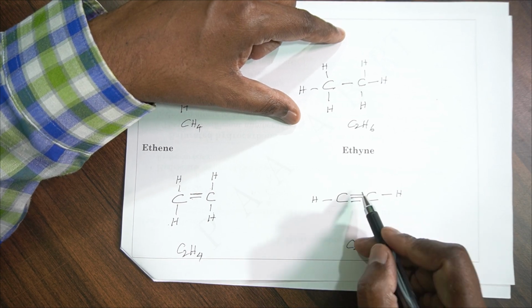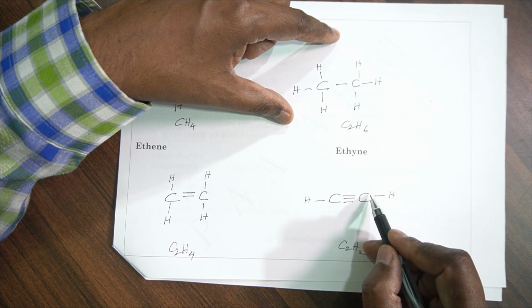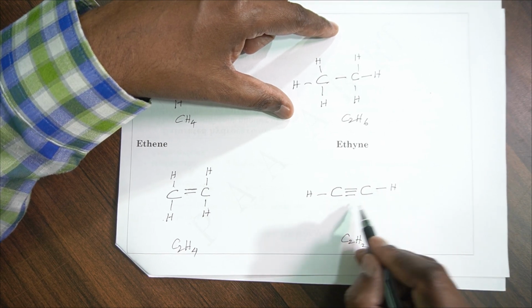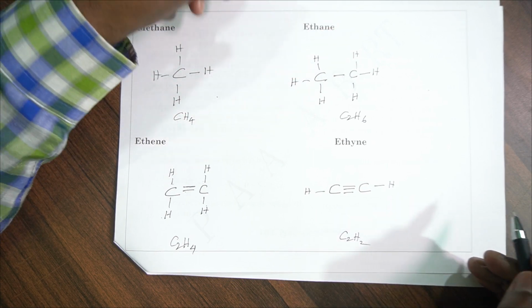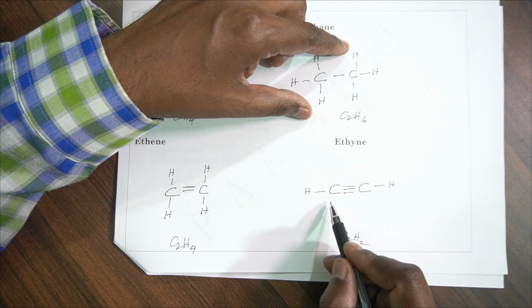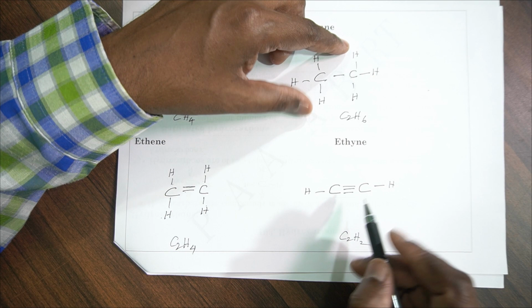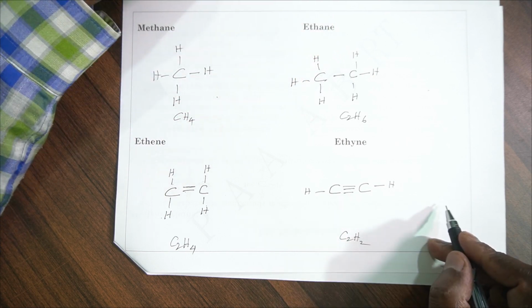You find there's a triple covalent bond. Now this carbon has 3 bonds here and 1 here, 4. This carbon also 3 here and 1, 4. So the tetravalence of carbon is satisfied, but not by a sufficient number of hydrogen atoms. More bonds are formed between the carbon atoms, instead of a single bond there is a triple bond. So this is an unsaturated hydrocarbon.